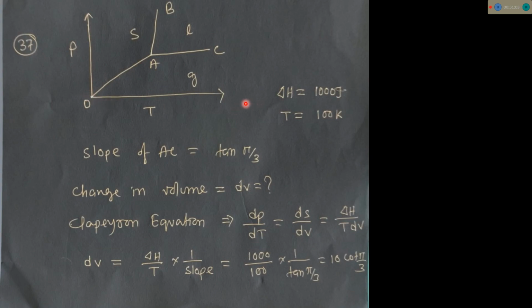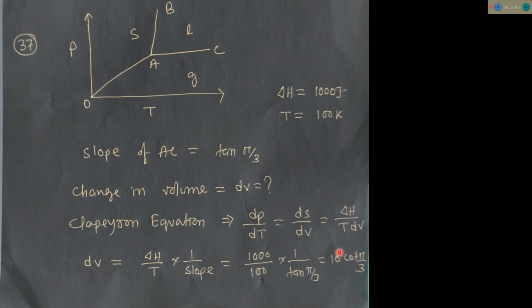The P-T plot was there, a straight line, slope is dP/dT, and this line is the liquid-vapor equilibrium. From the Clapeyron equation, dP/dT equals del S by del V. We just put del H by T in place of del S, and from this equation we can easily find dV, the change in volume. So it becomes 10 cot pi by 3.